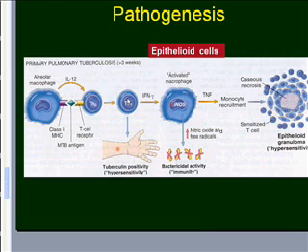Now what about the caseation necrosis? As I told you, this epithelioid cell is a cell in which you can see plenty of tuberculous bacillus. Now this tuberculous bacillus will be killed by this epithelioid cell by nitric oxide.